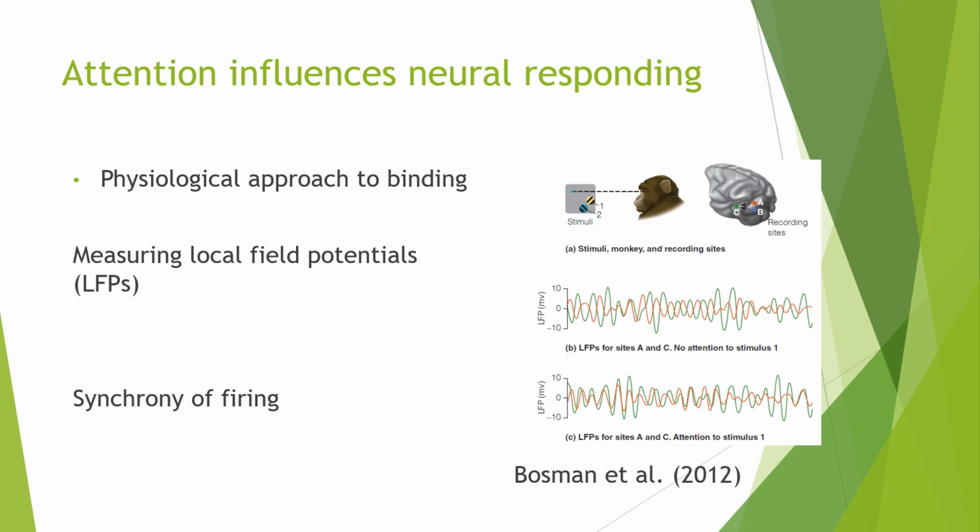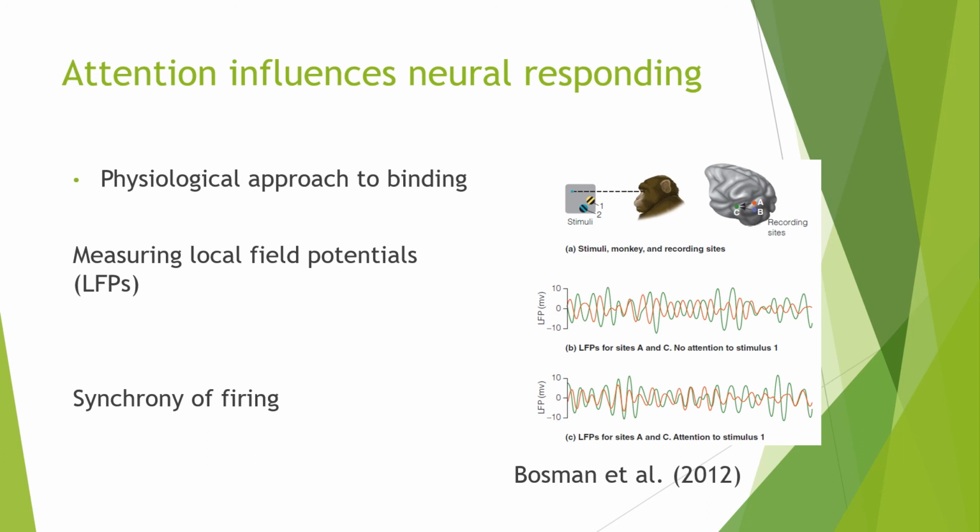And what we're looking at here in brain activity is the local field potentials for sites A and C. Okay, so if you look over at the brain, A and B are both in the visual cortex, and C is up in the inferotemporal area where we're putting some of that information together, right?